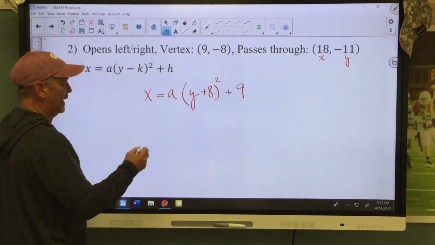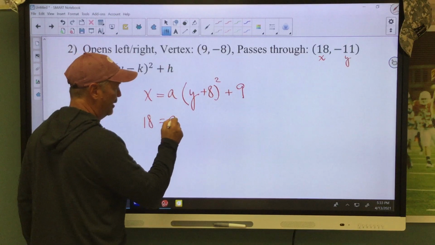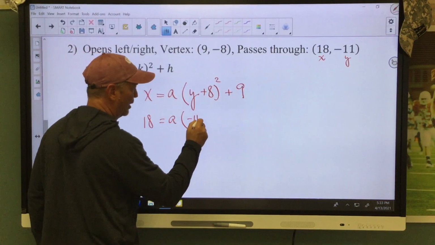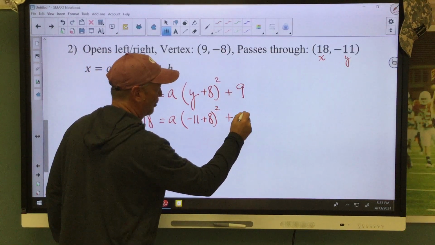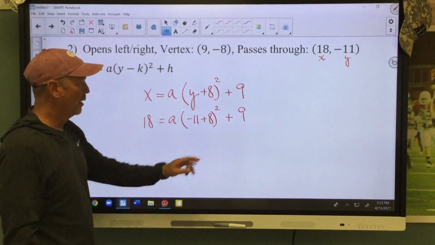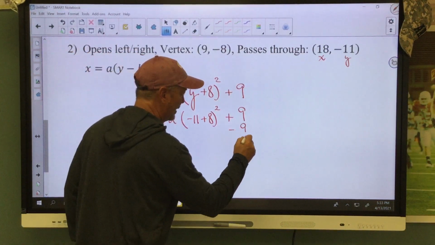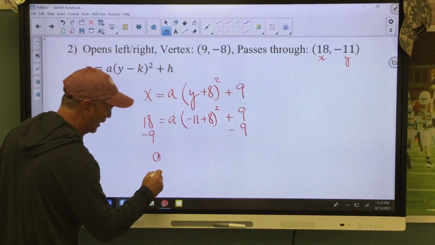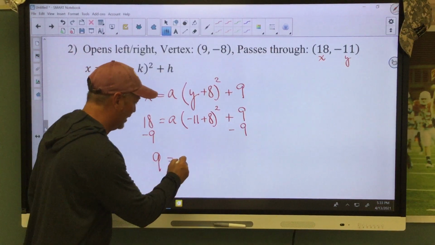So x is 18. Here's our a. My y value is negative 11 plus 8 plus 9. We're going to move the 9 to get it out of the way. Minus 9, minus 9. This is going to leave me with 9 equals, do some math, but I have an a here.